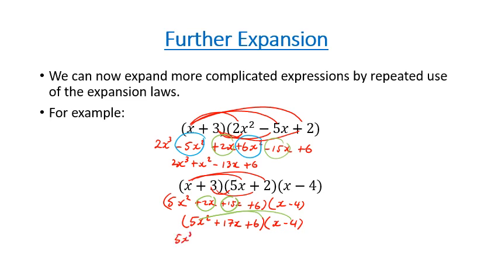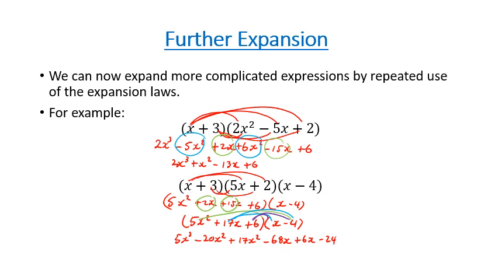5x cubed, take 20x squared, then 17x multiplied by x, and 17x multiplied by negative 4, which gives me plus 17x squared, take away 68x. And then I'll use a different color here. I'm going to times by the 6 and the minus 4, so I'm multiplying each term in one bracket by each term in the other, plus 6x, take 24.